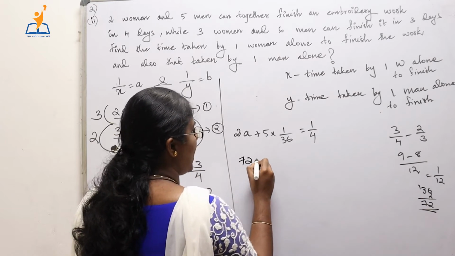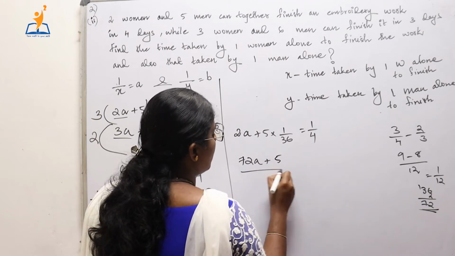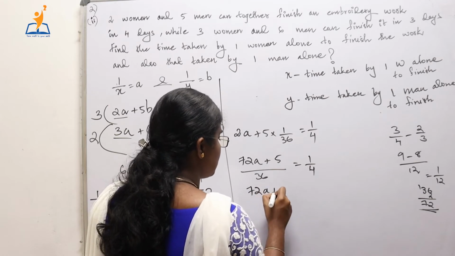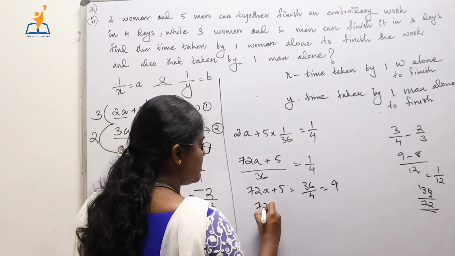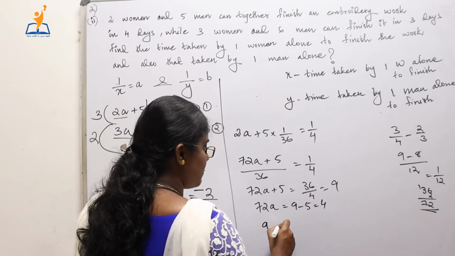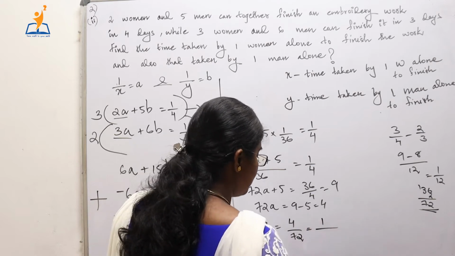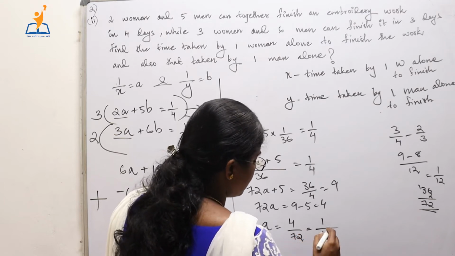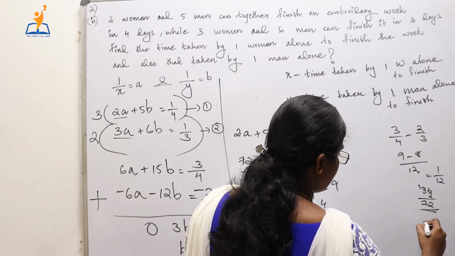So 72A plus 5 whole divided by 36 is equal to 1 by 4, which means 72A plus 5 is equal to 36 by 4, which is equal to 9, and 72A is 9 minus 5, which is 4, and A is equal to 4 by 72. We have 8, I think. What is 72 by 4?